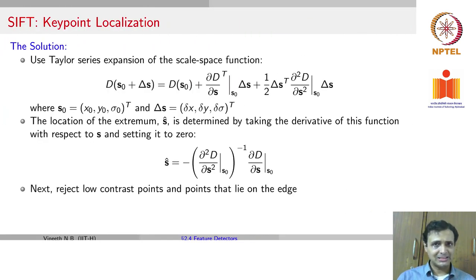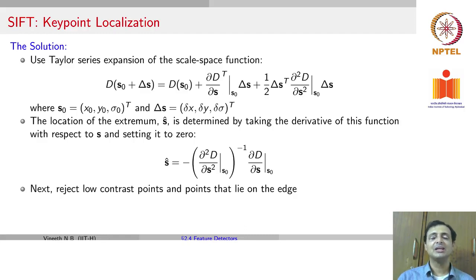So how do we solve this? We can compute the second derivative and first derivative simply by finite differences. Remember, you can compute the first derivative in both space and scale. You can simply do finite differences with the next locations on the left, next locations on the right, or the higher locations on the scale, and so on and so forth.